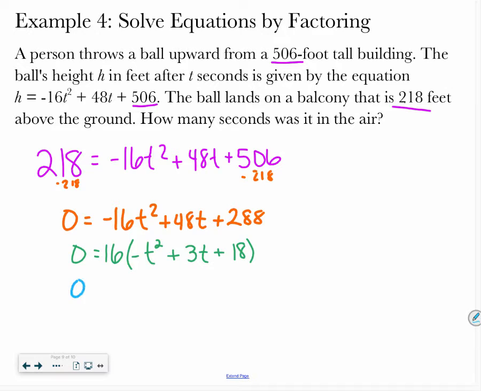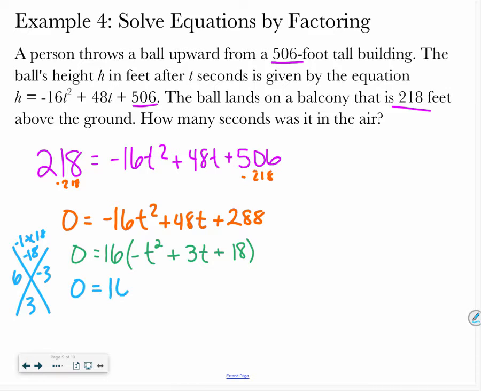I have 0 equals, and I need to find numbers that add up to 3 and multiply to, we have a -1 times 18, so a -18. So multiply to -18, add to +3, that's going to be 6 and -3.